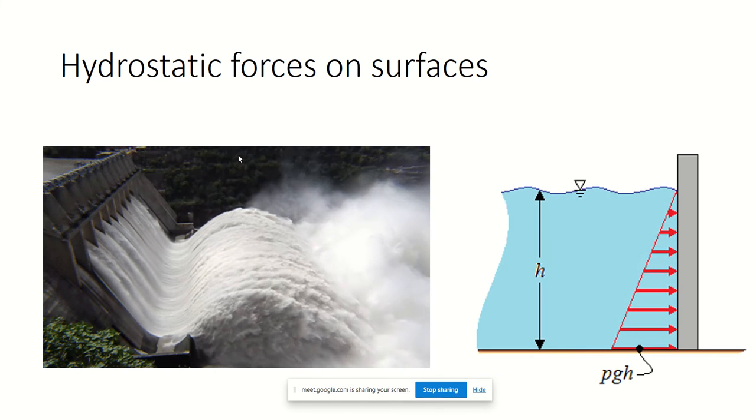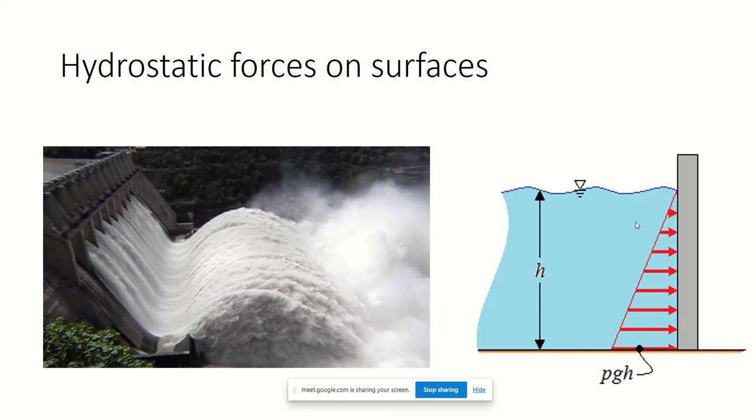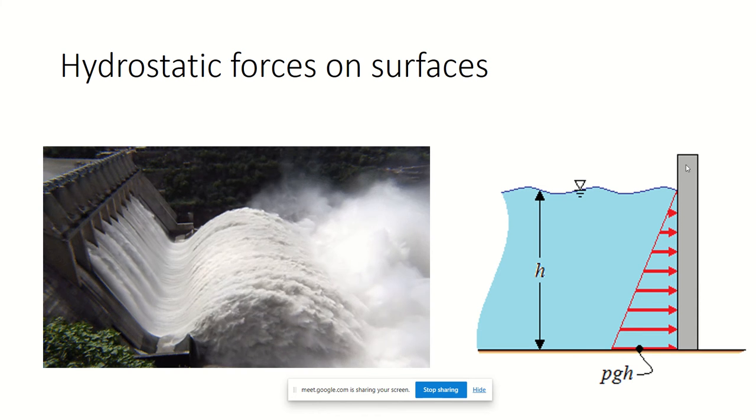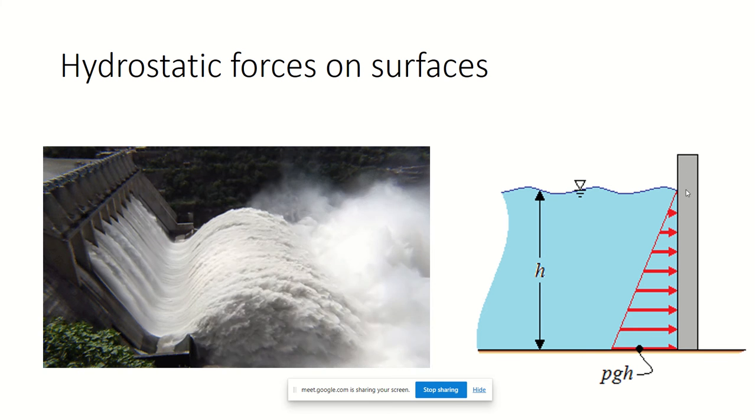As I said, we have water in the dam. We know that this water will create some force over the wall. What kind of forces, and how much force will be acting over the wall?